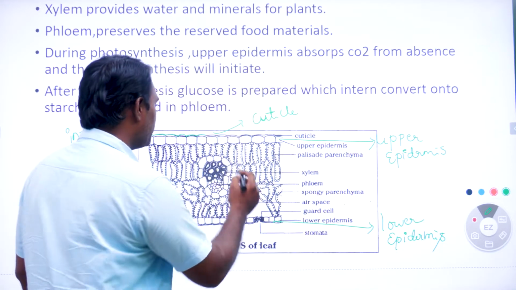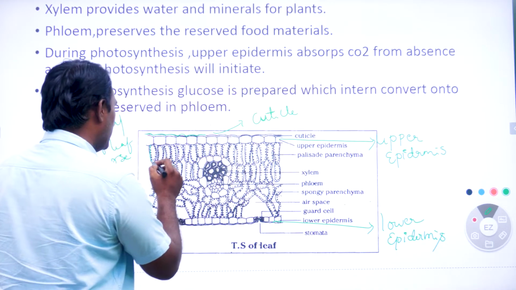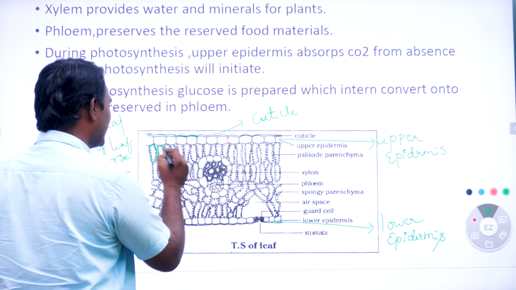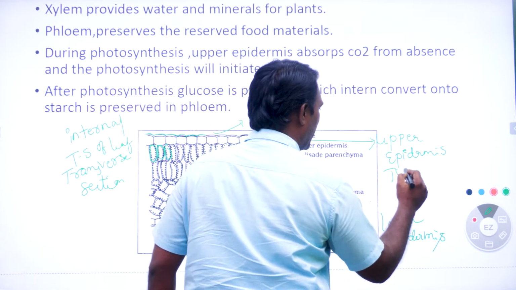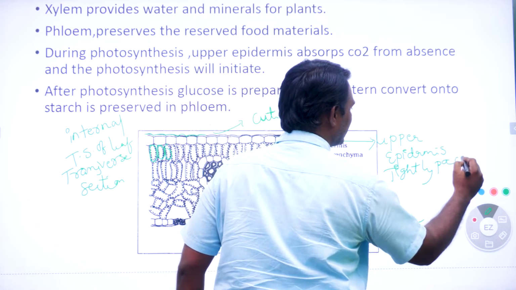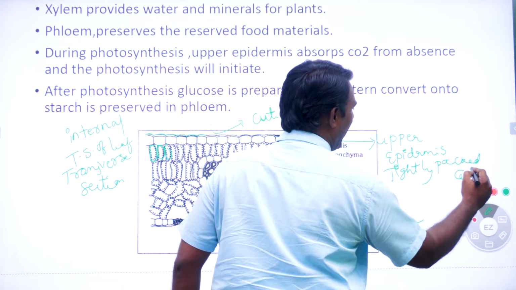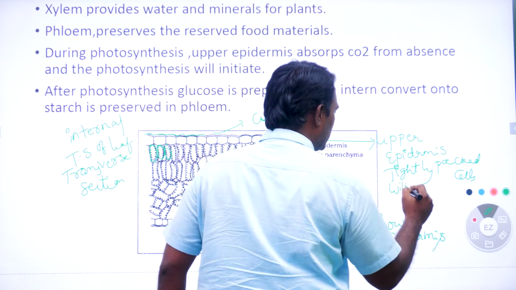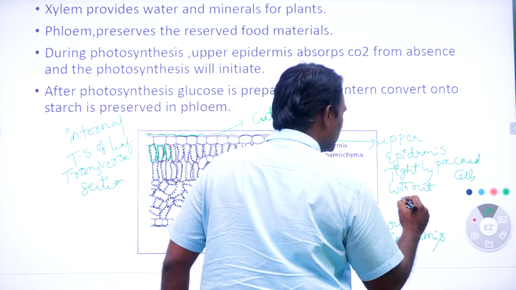Next one is upper epidermis. It consists of tightly packed cells without intercellular space.